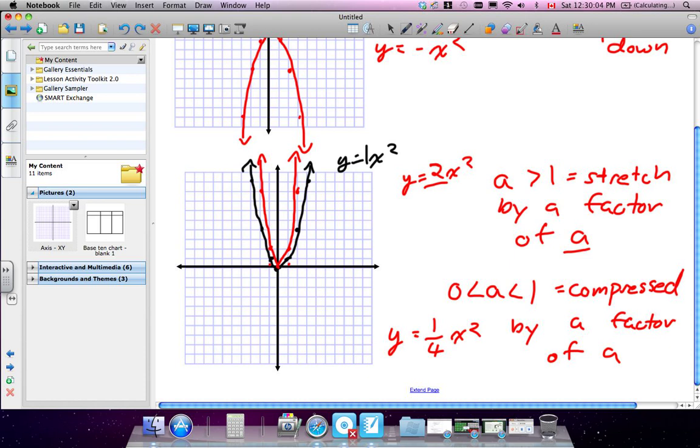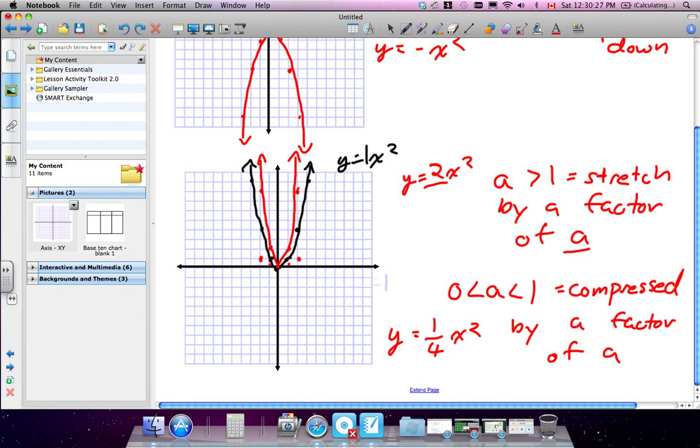Let's think about 2. Normally I go over 2, up 4, since 2 squared is 4. 4 times a quarter is just 1. So I go over 2, up 1. Over 2, up 1.